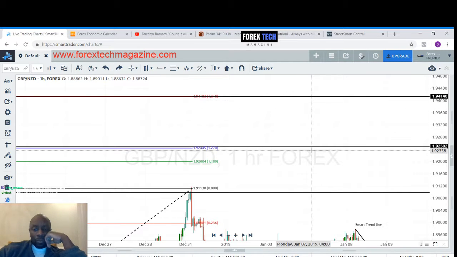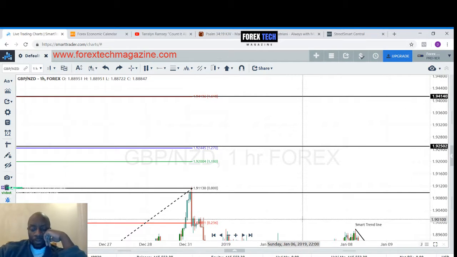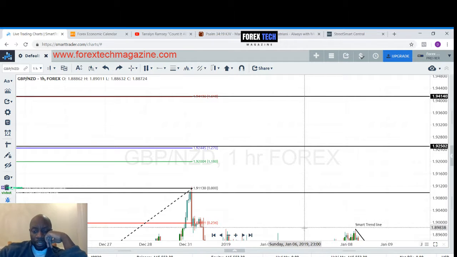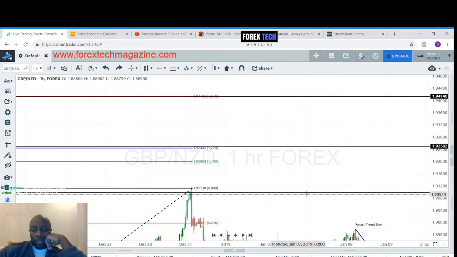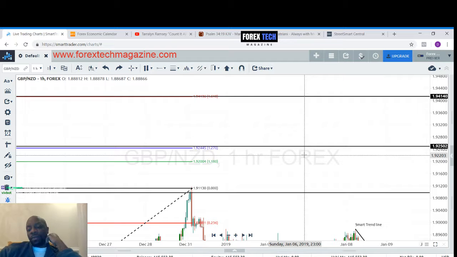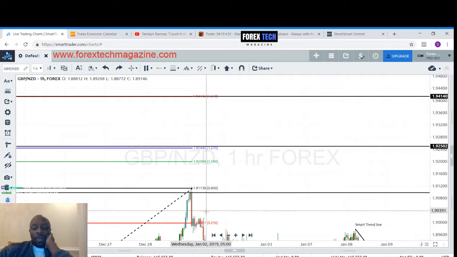So it's one of those things where you got to be smart, because whenever you got a support resistance area, price can and does tend at times to U-turn, and you want to make sure that U-turn doesn't knock you out of the market or wipe out any profits that you may have earned up until that point. Okay, so be very, very careful with that.